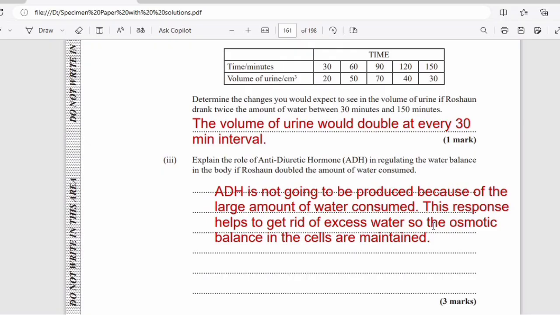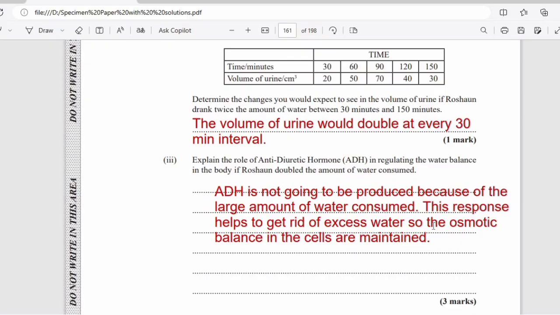So guys, how this works is that this hormone basically controls the amount of water that is kept in your body or that is released in the form of urine. If you do not drink enough water, it's going to be produced and your body will hold on to all of the water that you have, or most of it, and that's why you produce a little bit of urine when you're dehydrated.